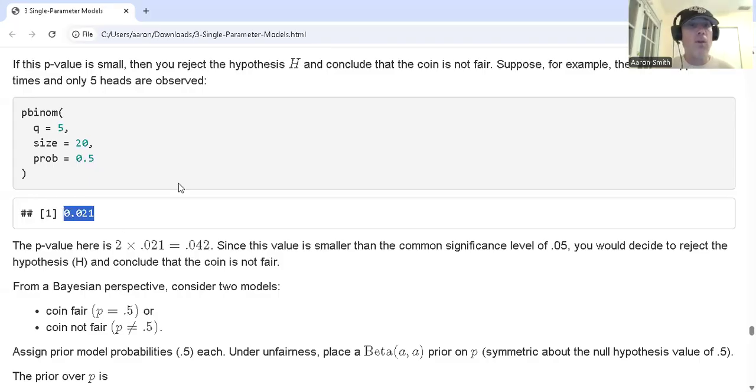The likelihood of that value or less, so 0, 1, 2, 3, or 4. Notice that this is pbinom, so this is the cumulative probability. d would have been the density. And so here, this is the probability of seeing 0 or 1 or 2 or 3 or 4 or 5 heads. So 2% chance.